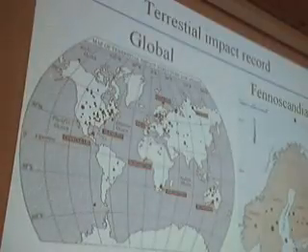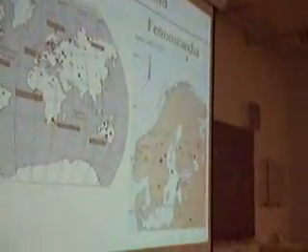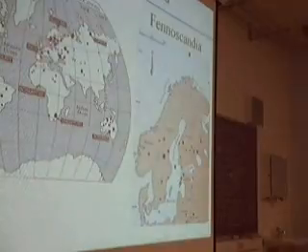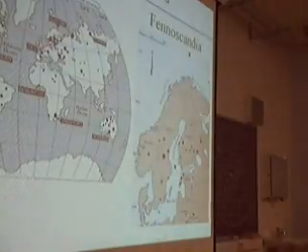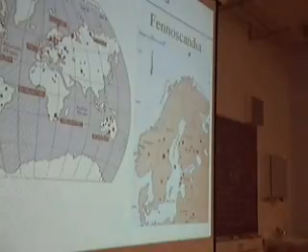I might mention that if you normalize the impact structures per area, Finland has 11, Estonia a little bit less, but this area is the most. We have found the density of impact structures is the highest in the world.